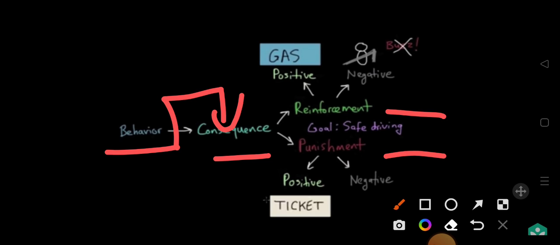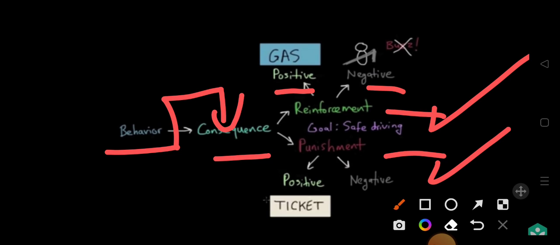Reinforcement increases the good behavior, while with punishment I want to get rid of or weaken the bad behavior. He divided reinforcement into two categories, positive and negative, and punishment into positive and negative, right?